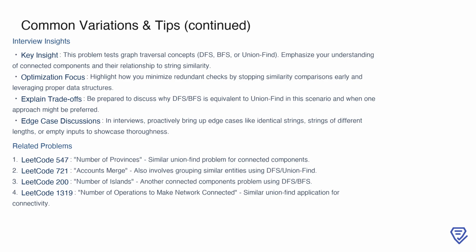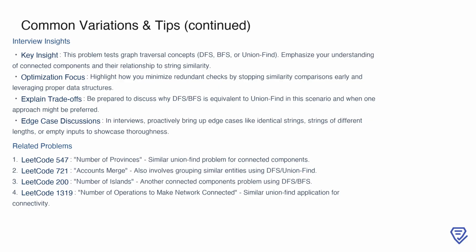Highlight how you reduce redundant checks by stopping similarity comparisons as soon as a mismatch threshold is exceeded and by leveraging efficient data structures. Be prepared to explain the trade-offs between different approaches. For example, both DFS/BFS and UnionFind are valid methods for solving this problem, but you should discuss scenarios where one might be more suitable than the other.